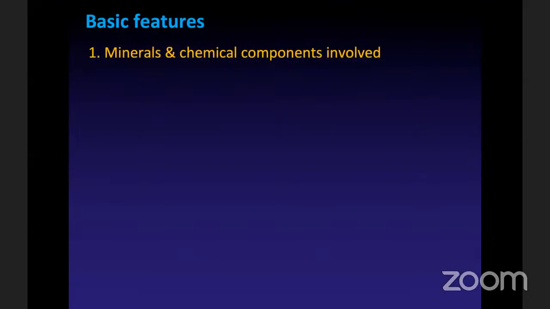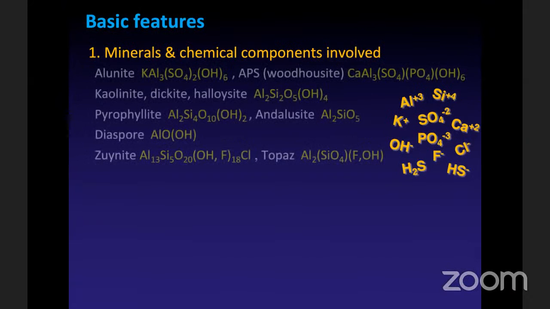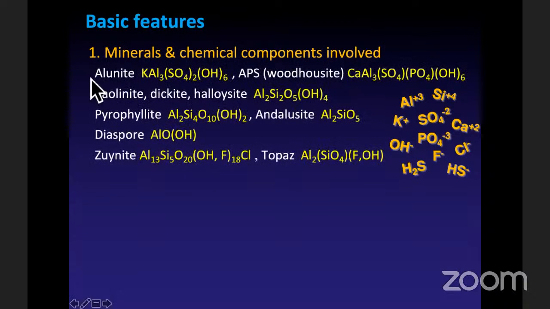So let's review again the minerals and chemical components involved. Again, alunite is a hydrated aluminum sulfate with potassium or sodium, or sulfate phosphates, where we have sulfate as well as phosphate, and then we have divalent cations like calcium, barium, strontium.